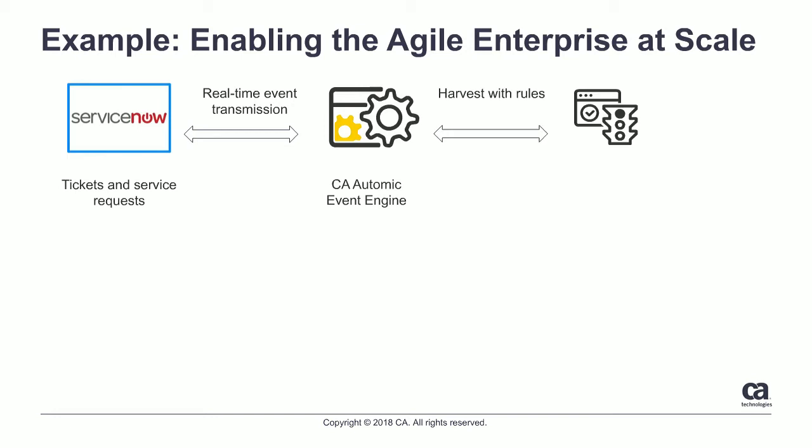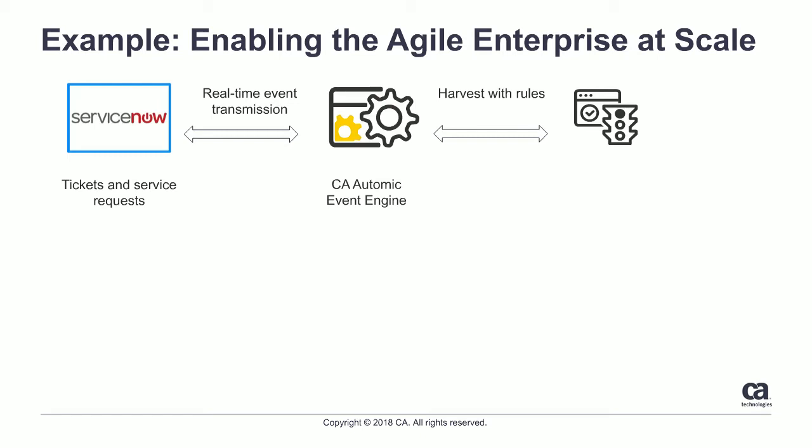It's harvested with rules, so I'm going to create rules that say, okay, when this event comes into the event engine, what do I want to do? Maybe in the case of an AutoSys job failure, I want to open an incident in ServiceNow and enrich that ticket with all the information from the event.